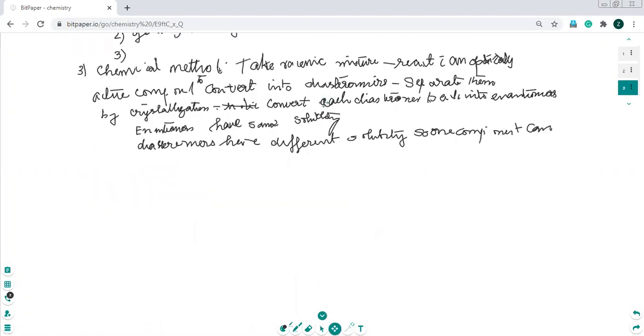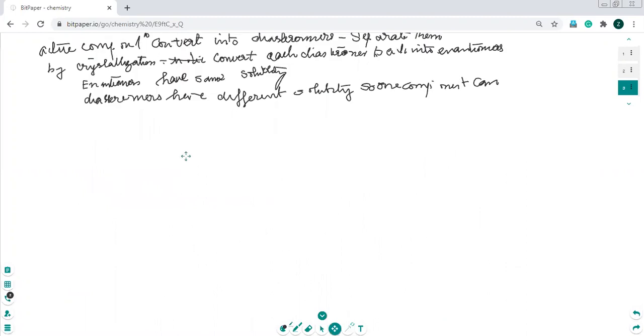Now let us take an example for that. One of the good examples which I shall discuss here is lactic acid, DL lactic acid. Remember, it is a mixture. One is D, the other is L. Now this is an acid.